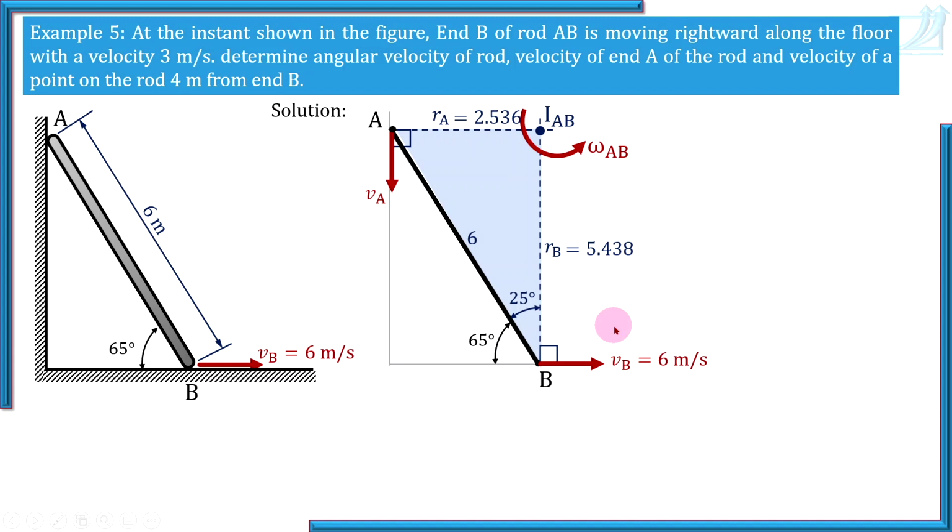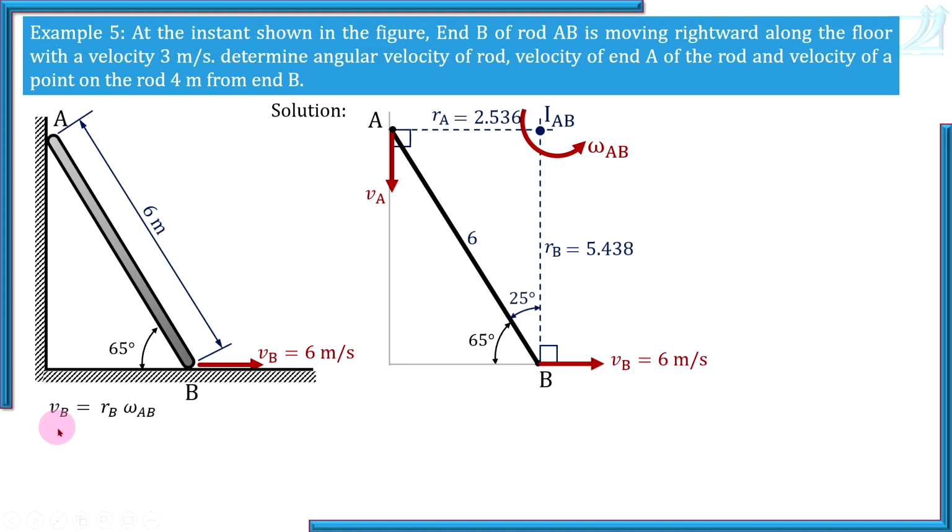Now calculations. As I told you, these are problems on general plane motion. Remember, general plane motion is a rotation but with no fixed center of rotation. So once you locate the center of rotation at the given instant, we don't know the angular velocity, so start calculations with the known linear velocity.